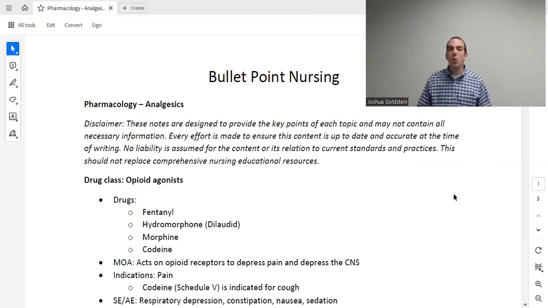Which of the following would be a correct patient education point? And they're going to ask you to teach the patient something that prevents constipation because they expect you to already know that this drug causes constipation, and they expect you to already know what is the patient education to prevent constipation. So an example question would be, which of the following is an appropriate education for someone prescribed morphine?